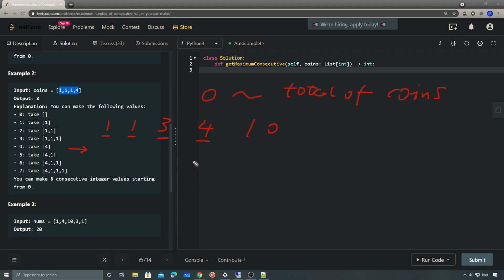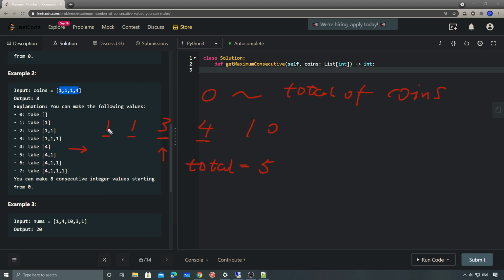So basically the total at this time equals 5. Whenever we are sure that we can make values up to here, 1 plus 1 plus 3 is 5. So at this position, we can make all the possible x from 0 to 5.